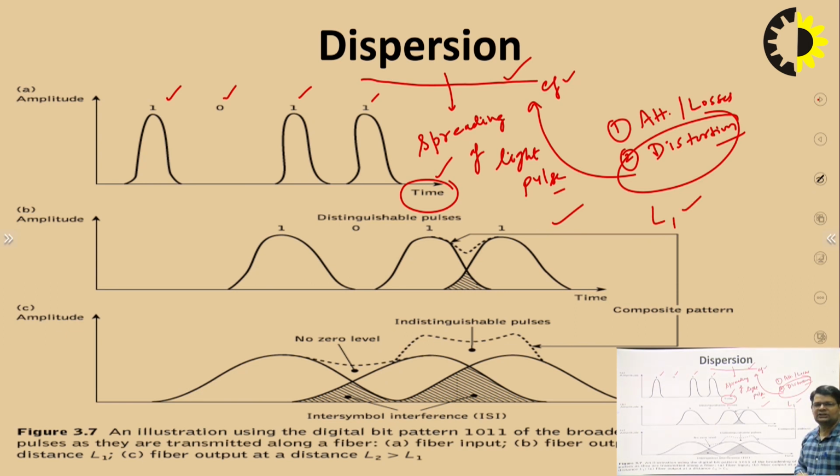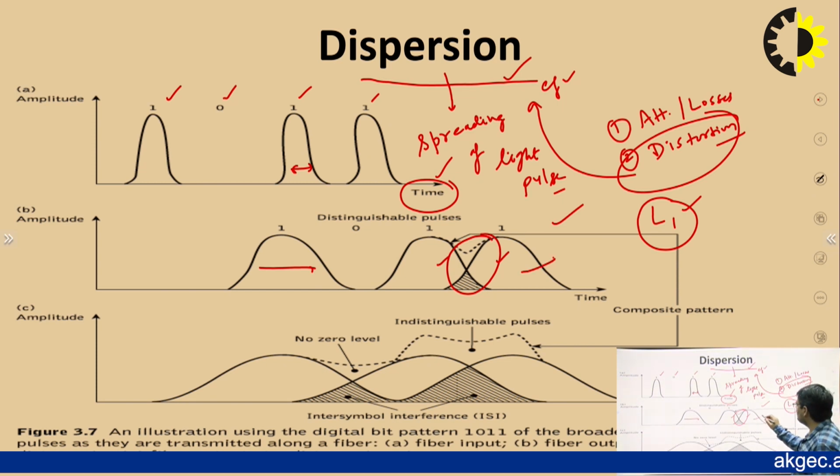When L1 distance is covered, we can see that there is broadening or spreading of light pulse, due to which the two pulses mix with each other. After spreading, the pulses get overlapped with each other. However, in this case, when the distance is less, these pulses are still distinguishable.